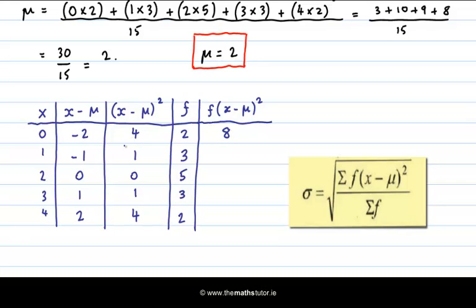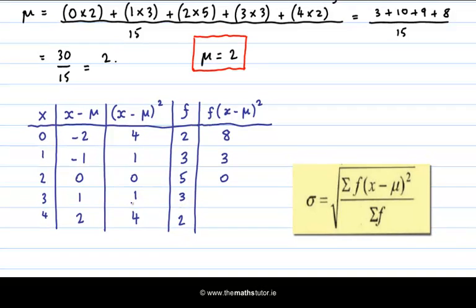So 2 of these squared deviations is 8, 3 of these ones gives us 3, 5 times that is 0, 3 times 1 is 3, and twice 4 is 8. So we need to add up all of these, and we get 8 and 3 is 11, and 3 is 14, and 8 is 22. So the sum of all of our squared deviations is 22.